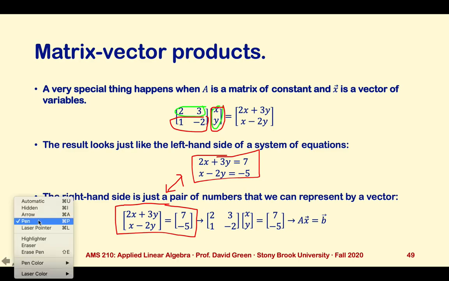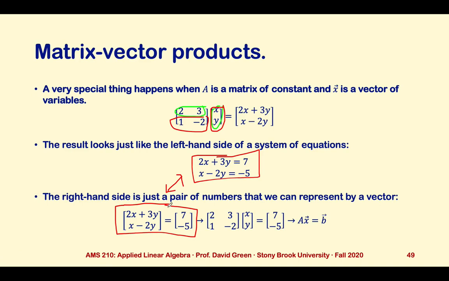But this representation, we've just seen, can be represented as a product, which means we can write this system of equations in the general form of AX equals B, where A is a matrix, X is a column vector of variables, and B is a vector of constants corresponding to the right-hand side of the equations.